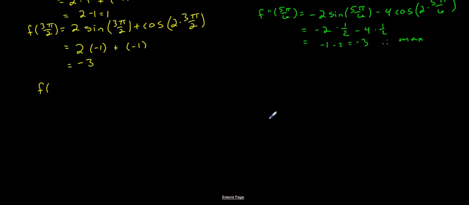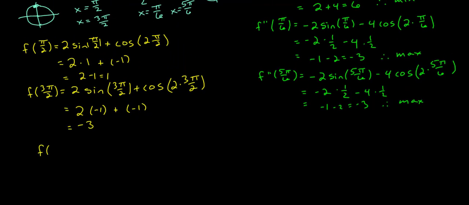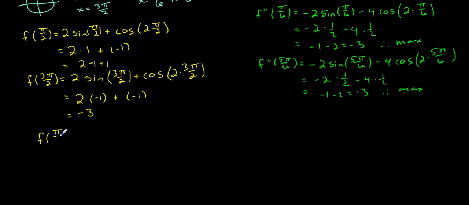Pi over 6 was next. So we have our two mins, now let's find our two maximum points.